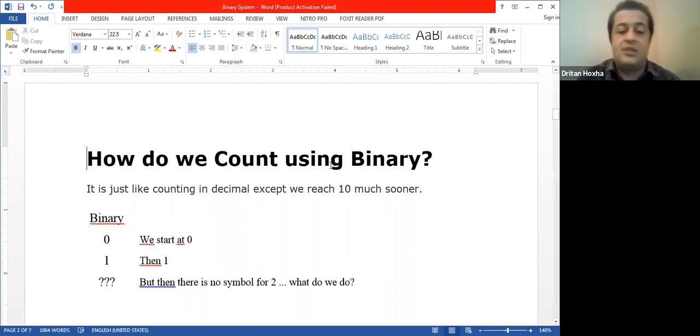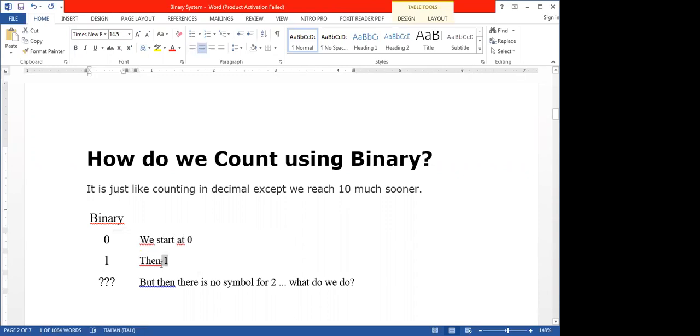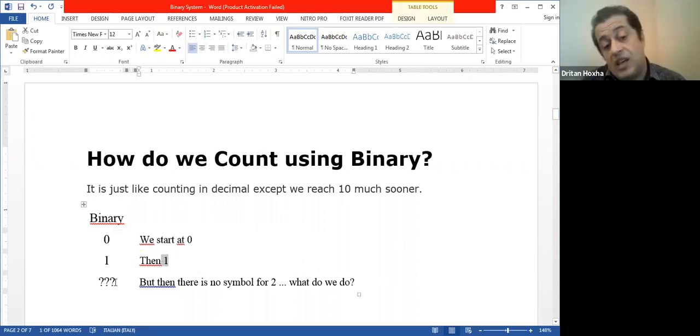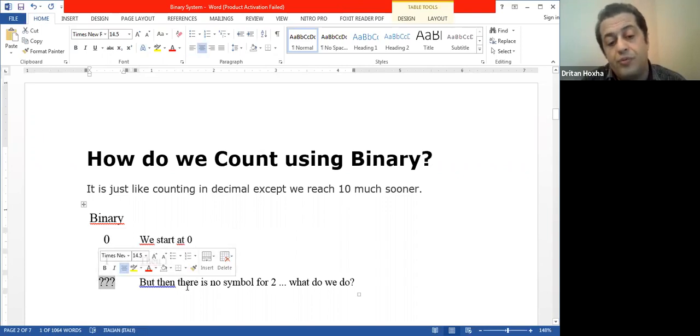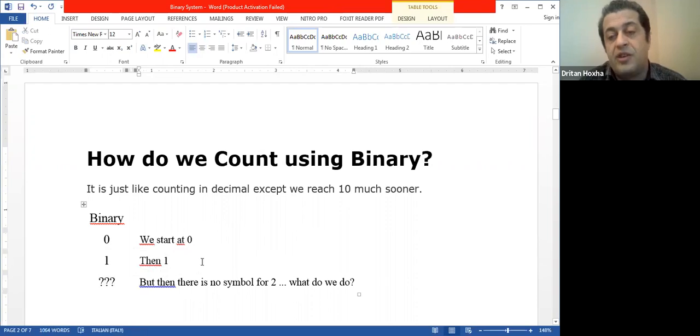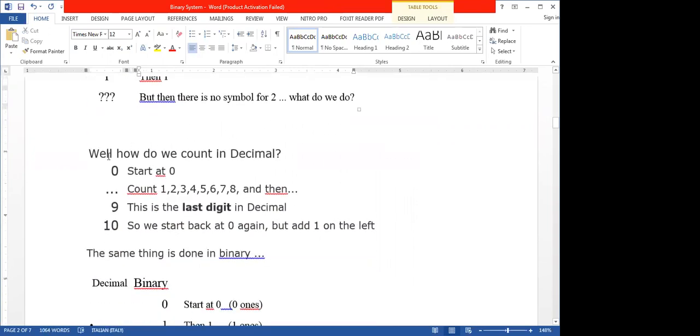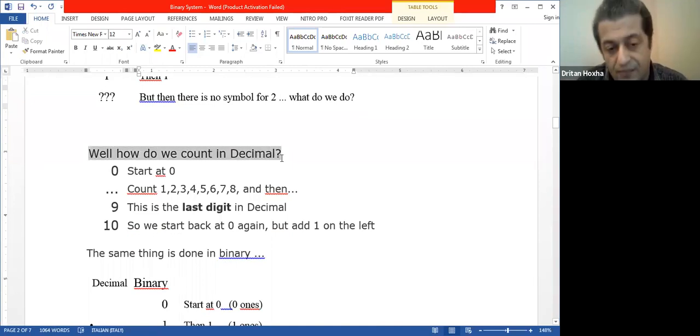Let's give some examples. In the binary system, 0 is still 0. 1 means 1. But if we want to write the number 2, we cannot write 2 in the binary system.